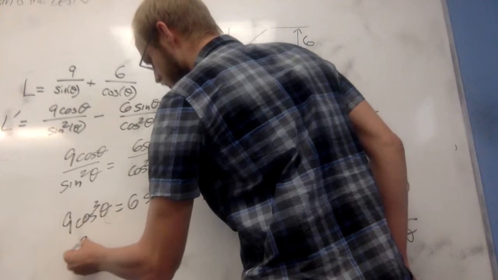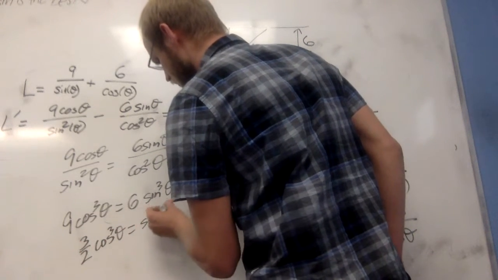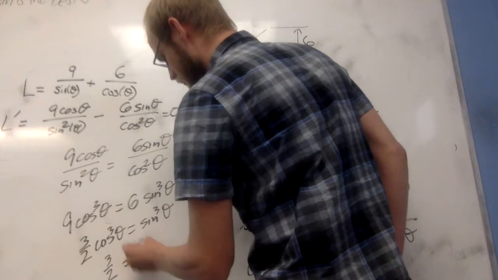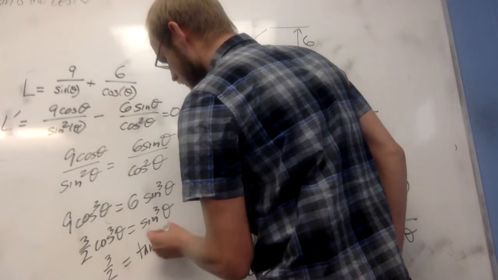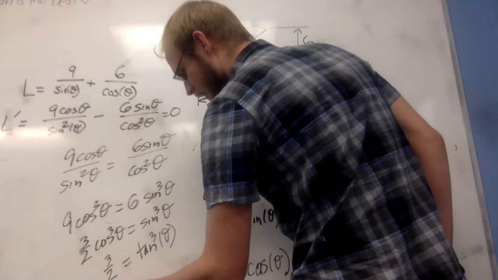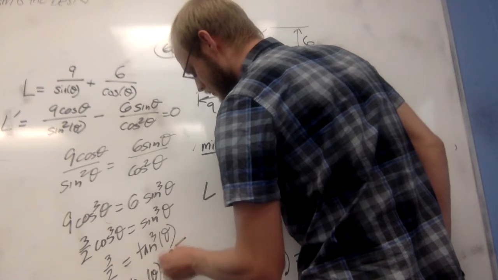So we get 3 over 2 cos cubed theta equals sine cubed theta. And so we get 3 halves equals sine cubed over cosine cubed, which is tan cubed theta. Okay, that you definitely need a calculator to figure out. You want to find tan theta equals the cube root of 3 over 2.